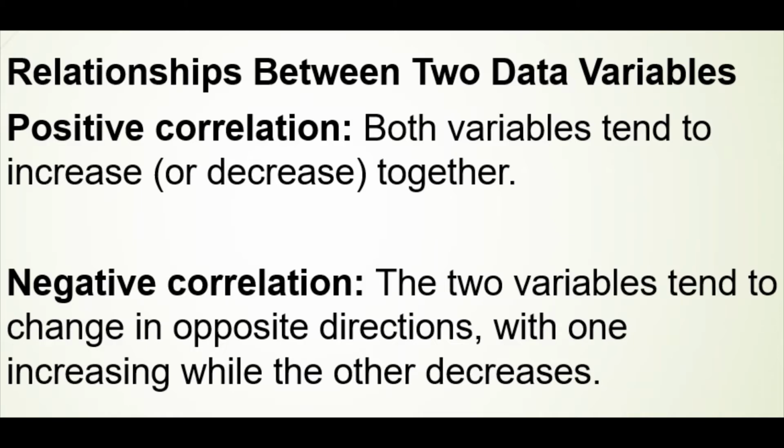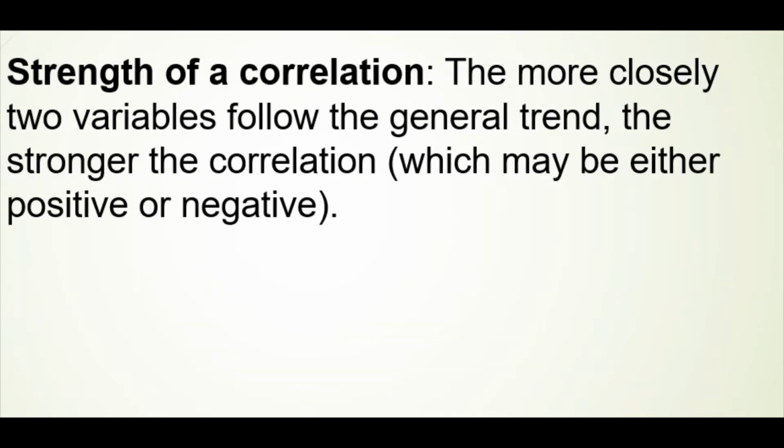With a negative correlation, the two variables tend to change in opposite directions, with one increasing while the other decreases. An example of a negative correlation would be elevation and temperature. The higher your elevation, the higher above sea level you are, the lower the temperature is going to tend to be. So that's negative correlation.